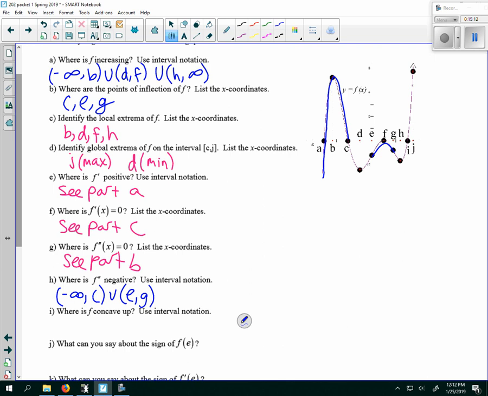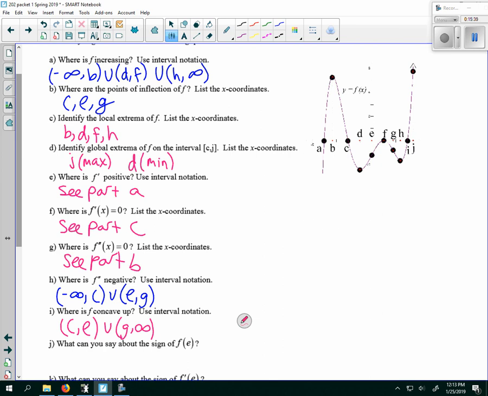And where is f concave up? The remaining intervals. So that would be C to E and G to infinity. What can you say about the sign of f of E? They're asking me about the original function f.